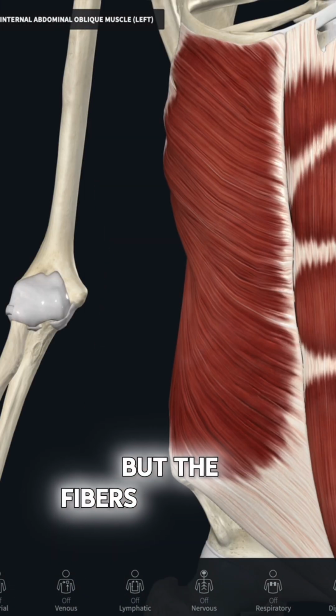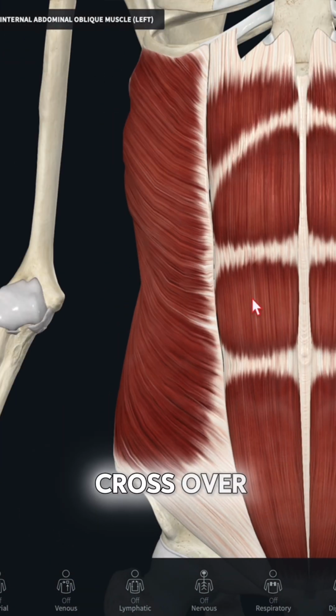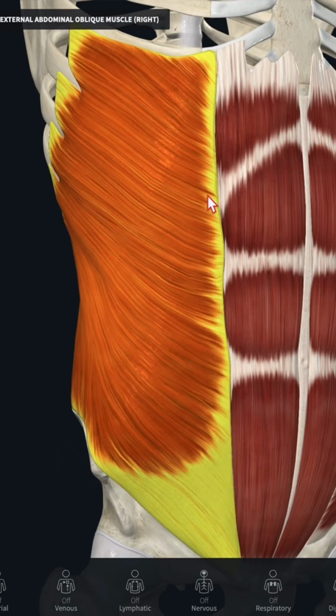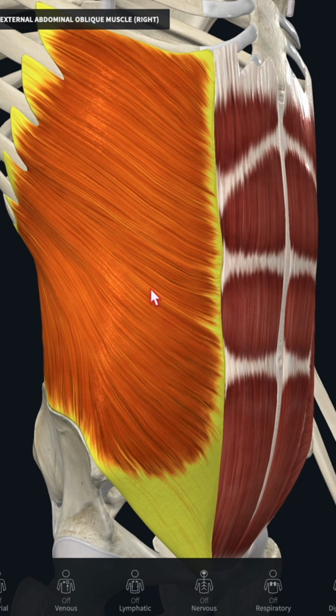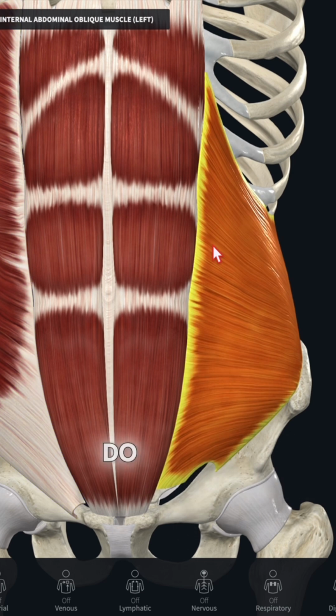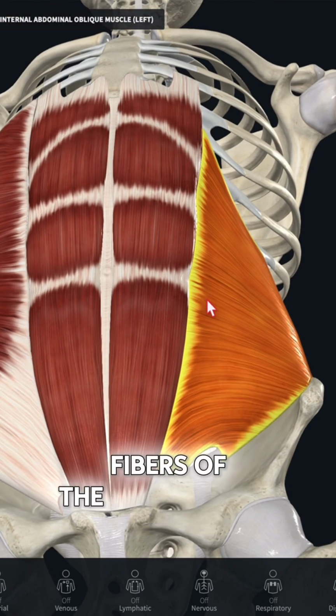But the fibers of the left internal oblique cross over and basically continue onto the opposite side of the external oblique, external being the closest to the surface. So the external oblique fibers do become the internal oblique fibers of the opposite side.